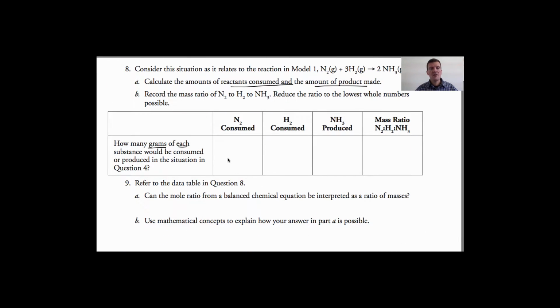So if we have, now we want to find out what is the mass. So 1 mole, and we're going to have 3 moles, 2 moles, but the mass quantities are different because a mole of nitrogen has a particular mass. What is the mass of a mole of nitrogen? We have to look at the periodic table.